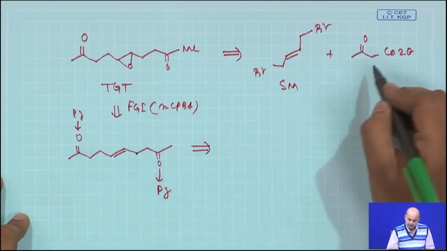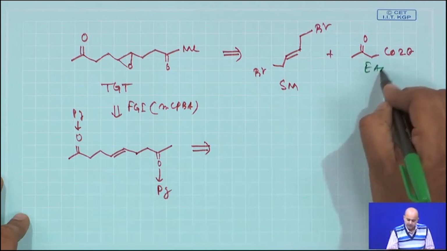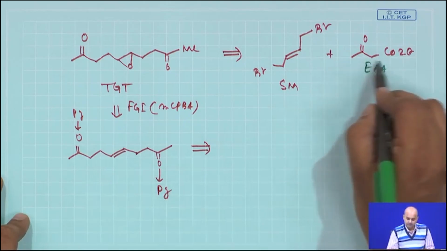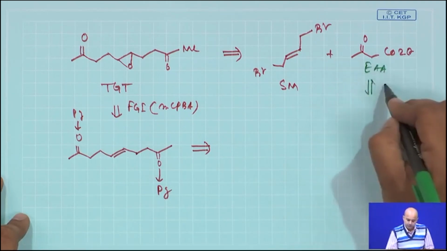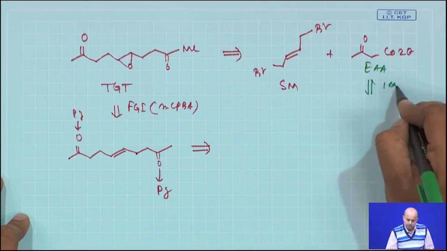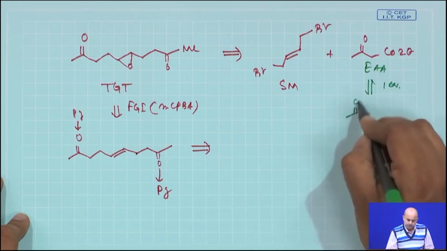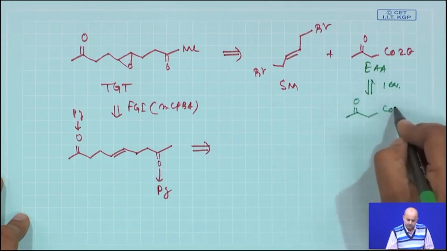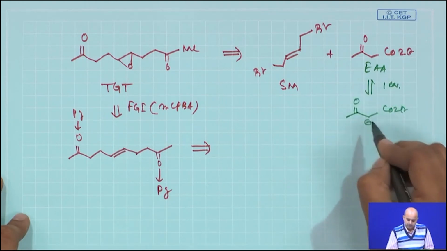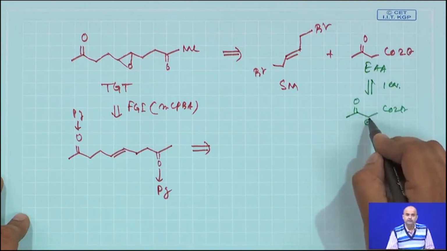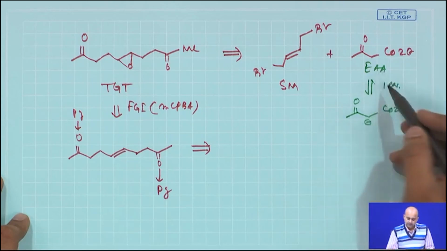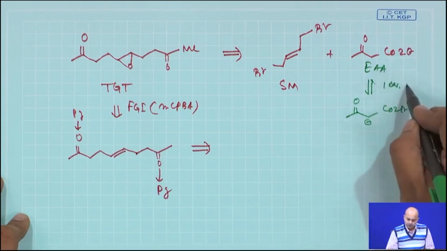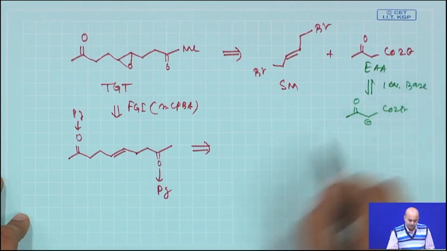Now, here the starting material given is ethyl acetoacetate, which is a very simple starting material. Ethyl acetoacetate you all know: if you treat it with one equivalent of base, it basically gives you this carbanion, because this hydrogen is extremely acidic. So, one equivalent of base will give you this.